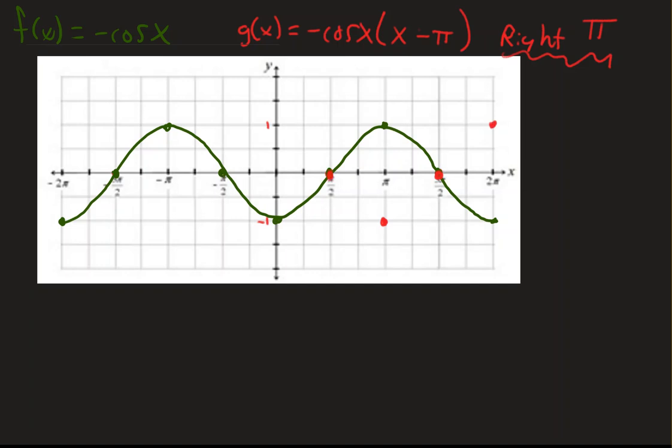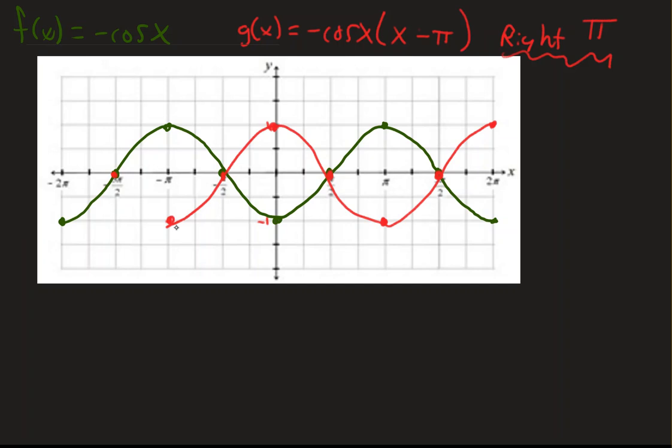Add pi, add pi. Now I can't really do that from over here because I don't see these extra points. But now I have plenty of room to see what the pattern's going on here.